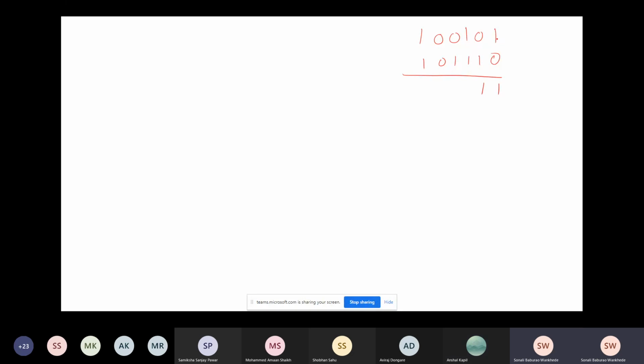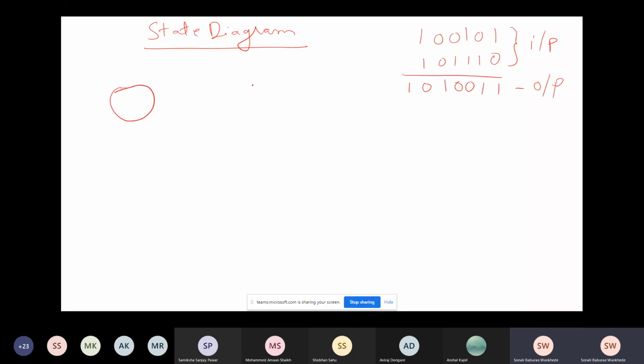So let's begin from here. 100, this was the answer. Write it down: 0101. I have two inputs here and I have one output over here. I'm interested in showing that in the form of a state diagram. I have two states over here.